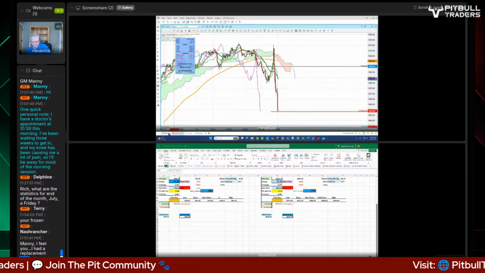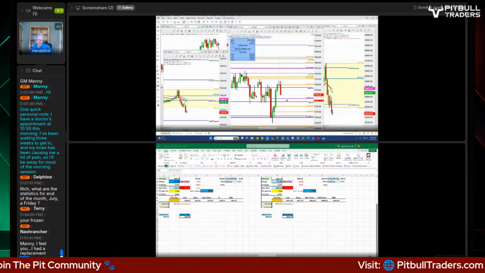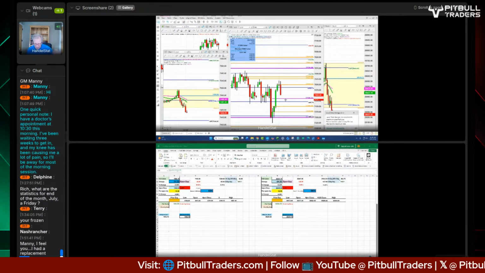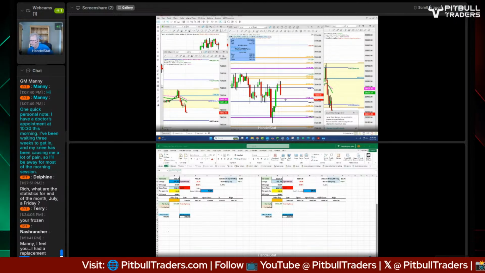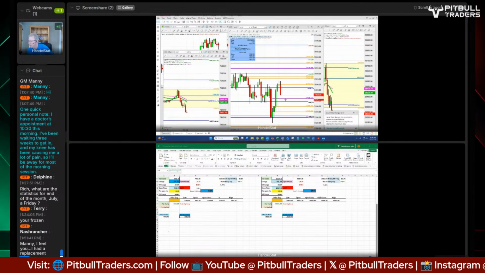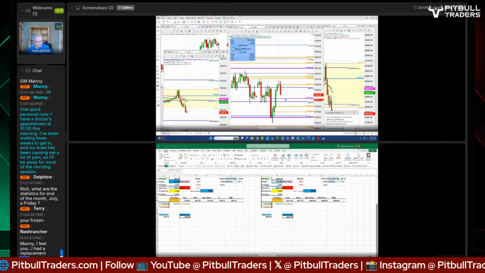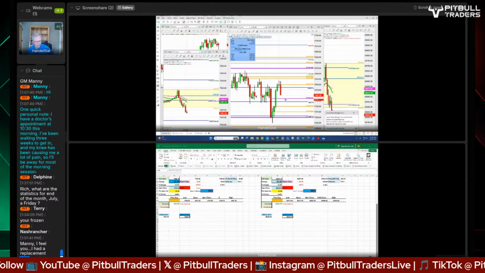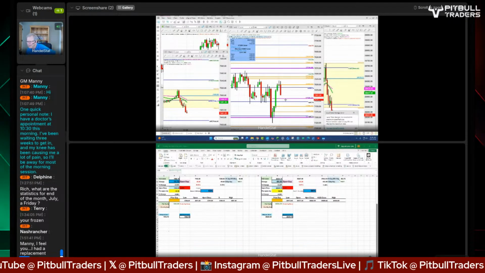Let's go back here. A lot of reasons for it to go down here. That was an easy target. That's why I got short, and I was short from the opening, but then I covered because I just used the SPX puts, and I had too many of mine. I tend to do that.